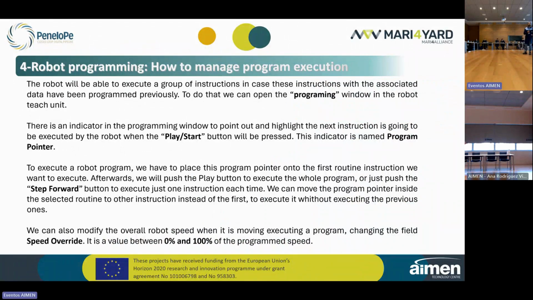Okay, now we are going to see how to manage a program execution. How do we execute a program in any kind of robot, depending on the brand? We have to switch on one dedicated window called the programming window.